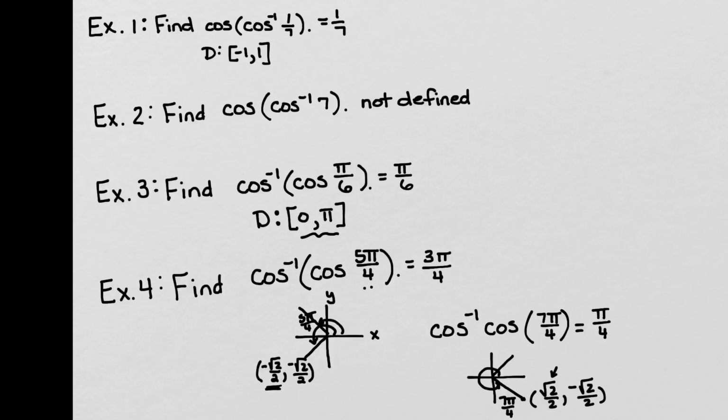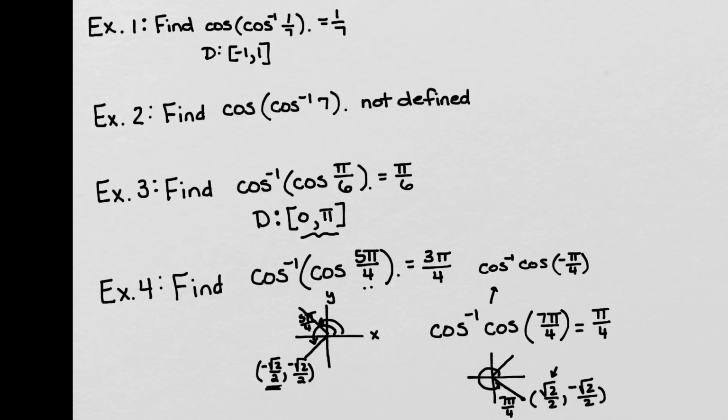Another way of looking at this is that 7 pi over 4 is coterminal with negative pi over 4.